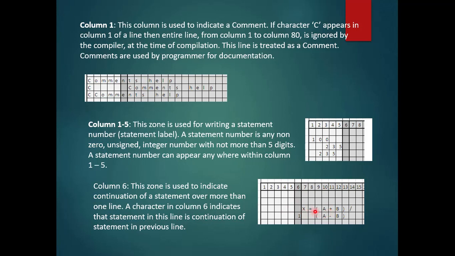So the formula would be x equals a plus b divided by a minus b. This is how most of the time we can write a continuation mark when the earlier line is not sufficient or proper to accommodate all the things.